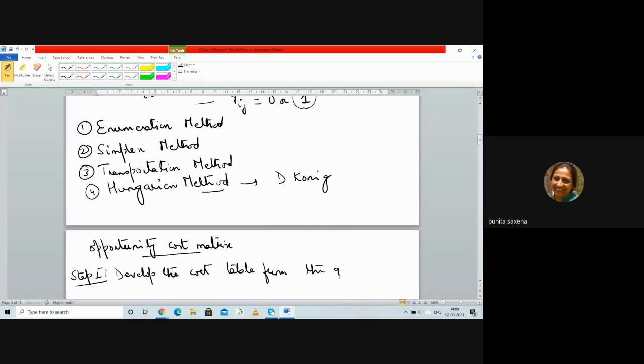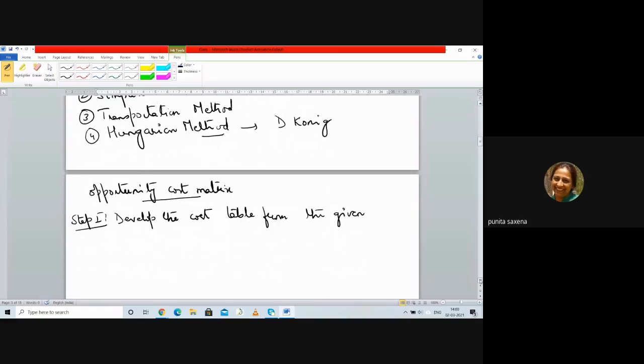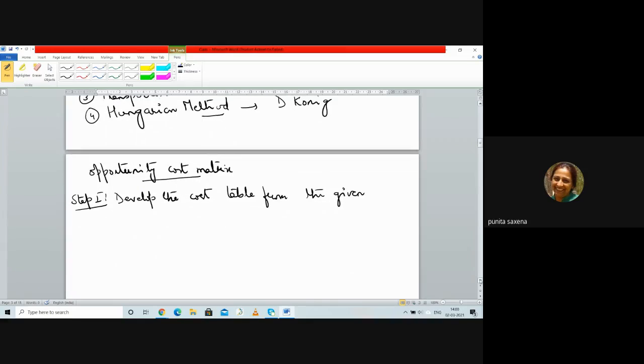Otherwise, from the given information in your problem, we develop the cost table. In this case, we have to keep in mind that the number of rows must be equal to the number of columns, because then only it will be a balanced problem.